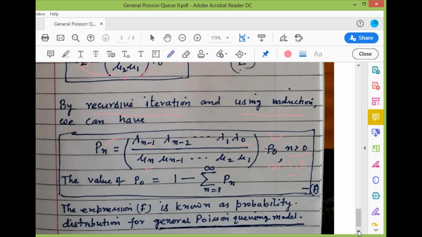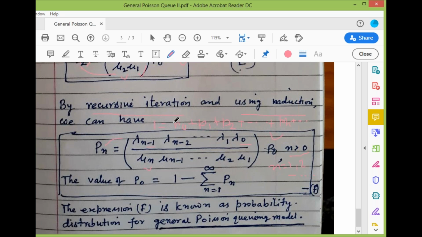When we compute all the probabilities, P naught plus P1 plus P2 plus so on up to Pn plus so forth is equal to 1.